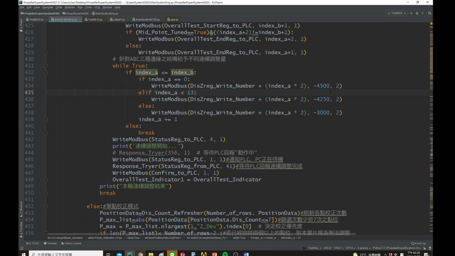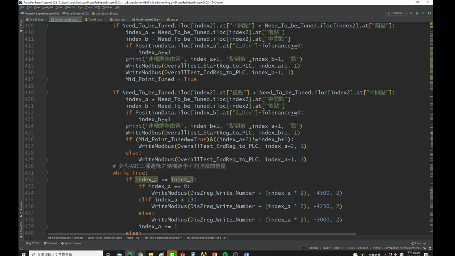Okay, so we just give it a certain value to each point. After that, we wait for the response from the machine that the continuous tuning is done, and then we will make the overall test indicator 1 equal to overall indicator, to make sure it will do the overall test again.